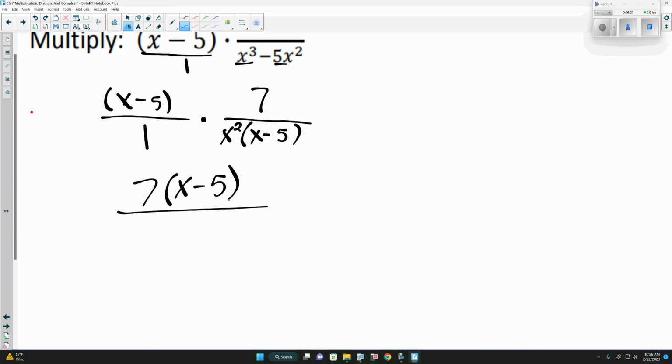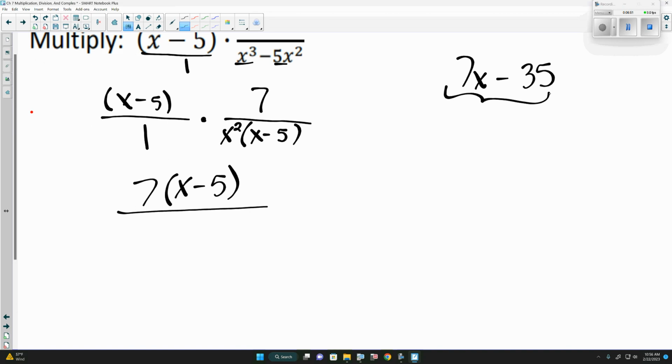Now, part of the reason we don't multiply is because if we're going to factor or simplify, we need it in factored form. I could multiply it out and say 7 times x is 7x minus 7 times 5 is 35. But if we want to simplify with our x minus 5, this needs to be in factored form, yes?